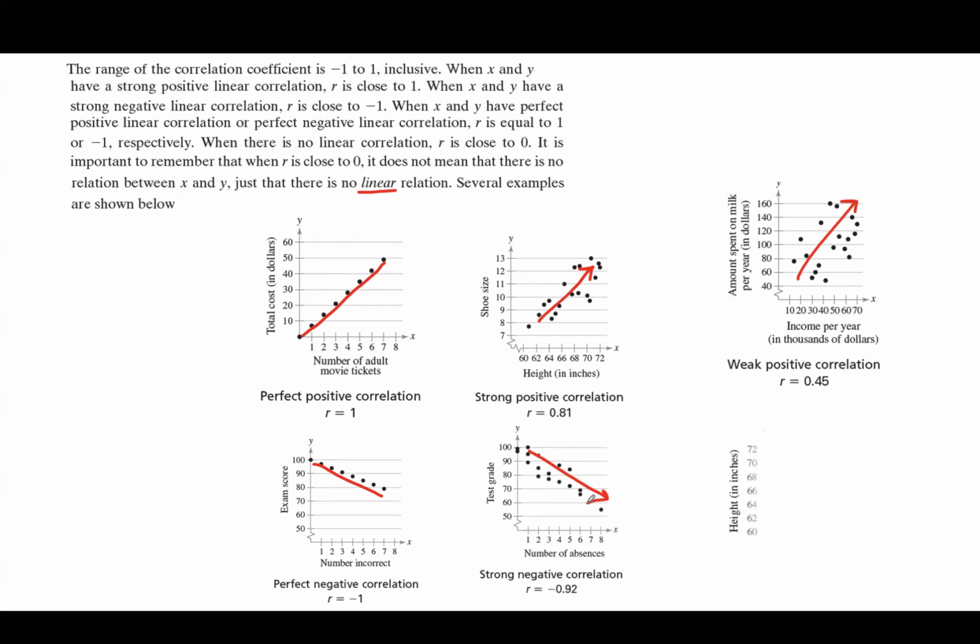And of course, if R is close to 0 with negative values, you're going to have more noise. In this case, we don't have any linear correlation between the IQ score and the height. The data doesn't seem to be linearly correlated between X and Y.